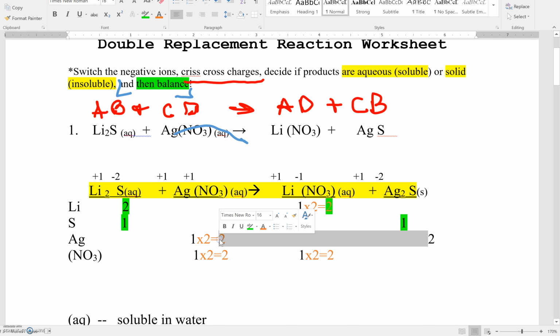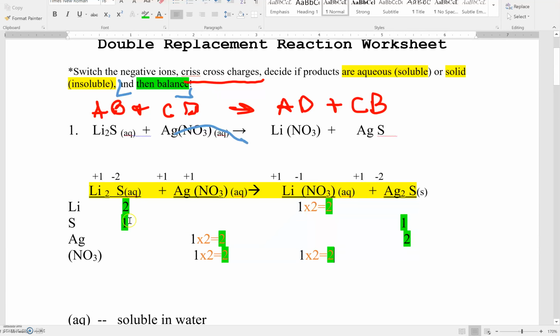I have 2 silvers on that side. I have 2 silvers. Whoops, that got moved a bit. I have 2 silvers on that side. That works out. And I have 2 NO3s, nitrates, on that side. And I ended up with 2 nitrates on this side. So that's all balanced. So am I done?